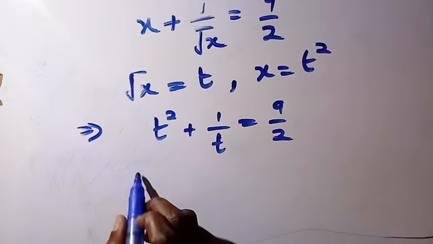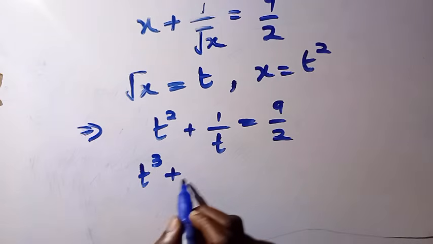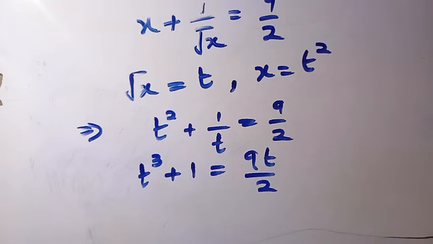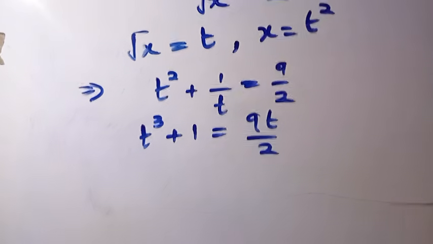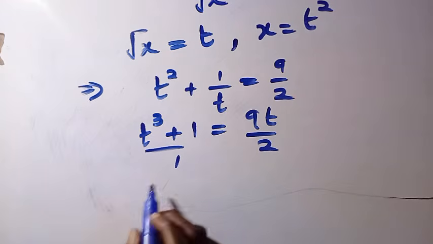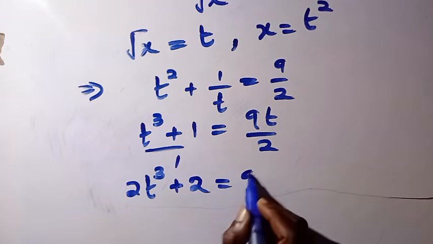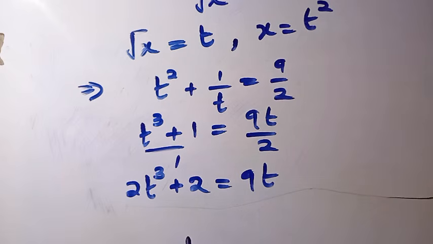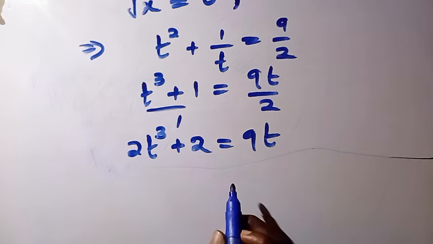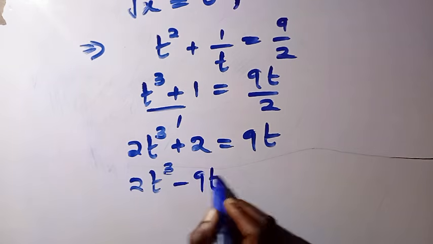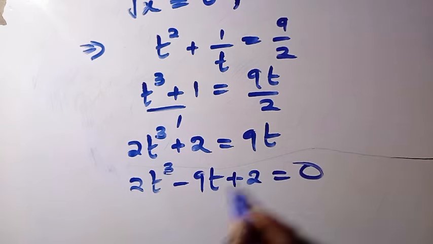Multiplying through by t, we have t cubed plus 1 equals 9t divided by 2. And if I multiply this by 2, I have 2t raised to power 3 plus 2 equals 9t. By taking this 9t to this side, we are going to have 2t raised to power 3 minus 9t plus 2 equals 0.